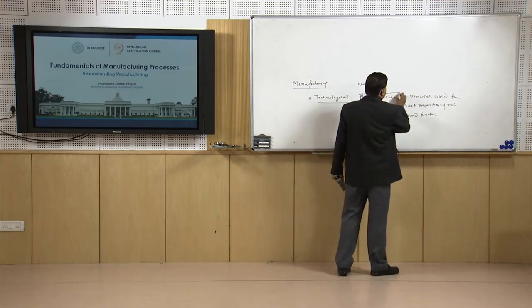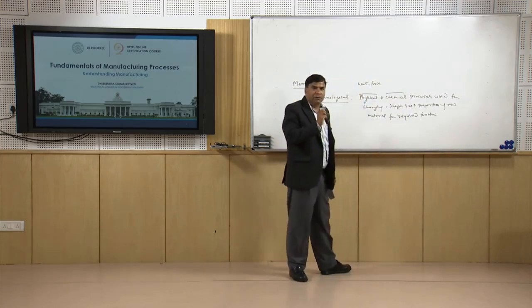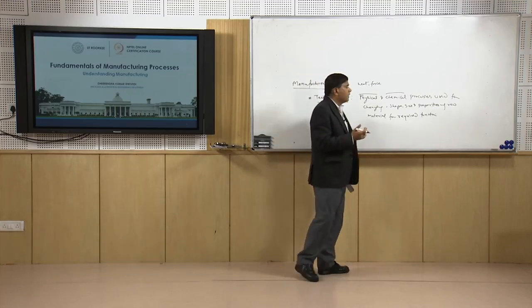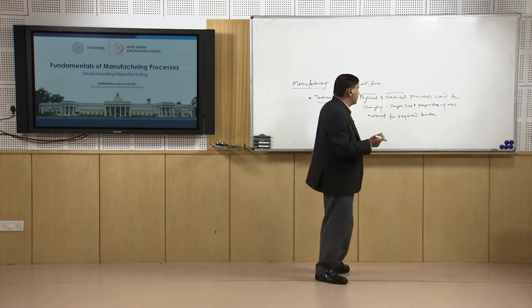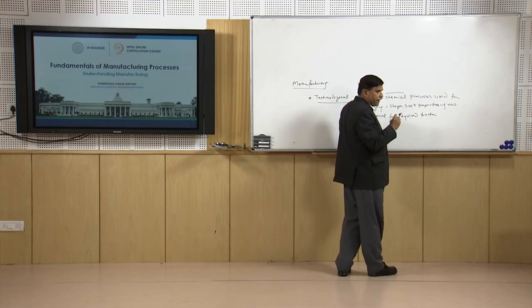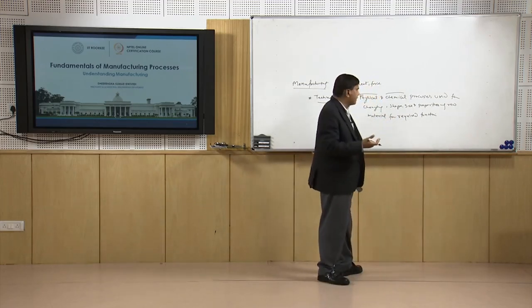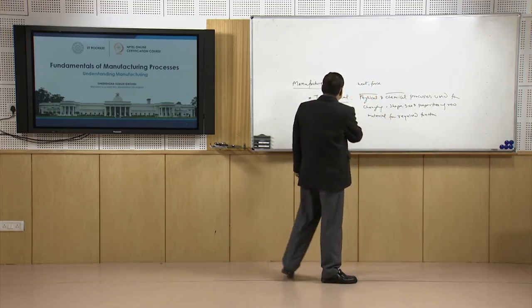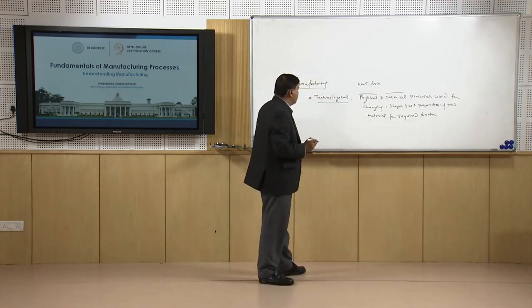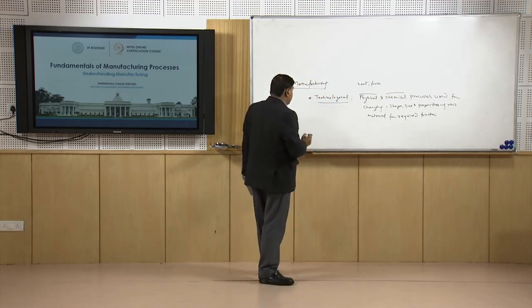In the chemical process, the chemistry of the raw material is modified so that it has desired properties, or the surface is modified so that the properties are altered as per the requirement. So, this is how manufacturing processes can be technologically understood.